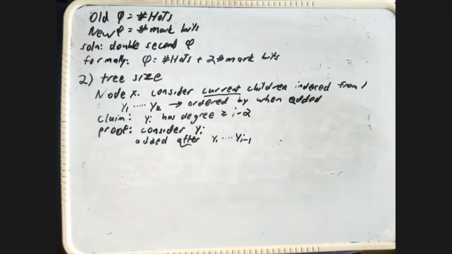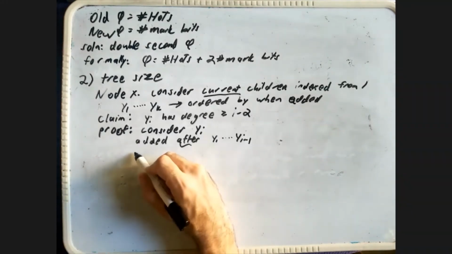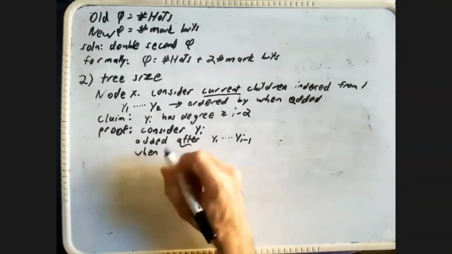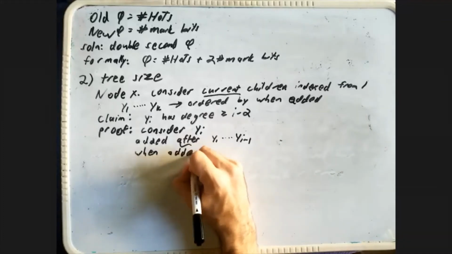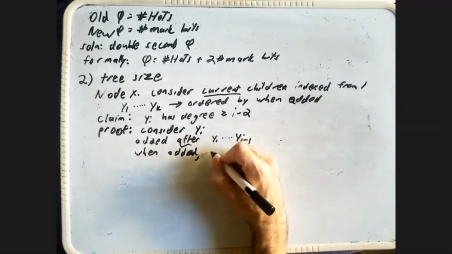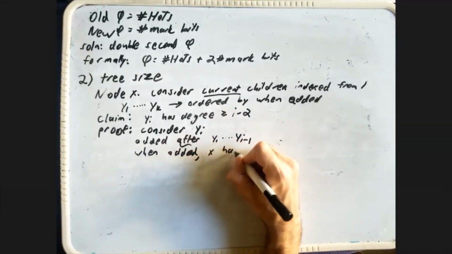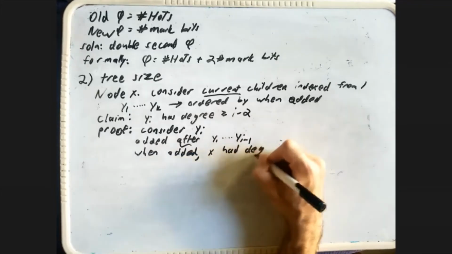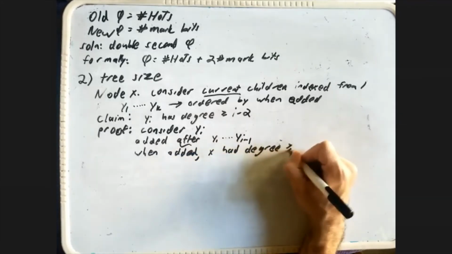So what does that tell us? At that moment, the node has a degree at least i minus 1. Exactly. When it was added, x had degree at least i minus 1.